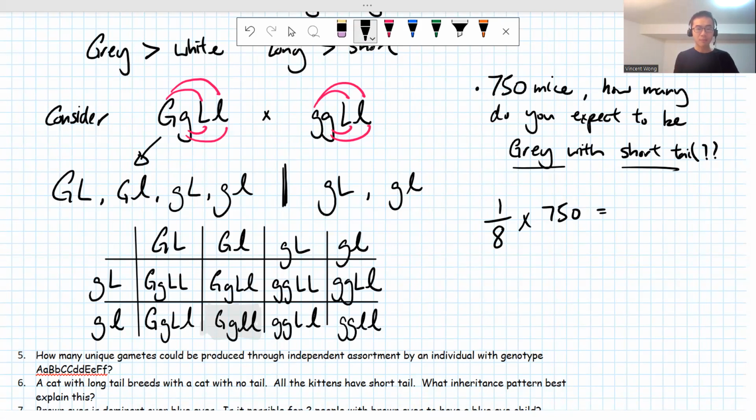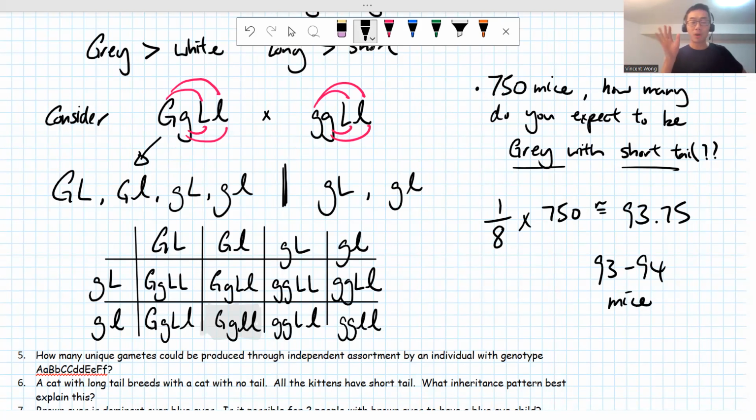When you take 12.5% times 750, you would expect to have about 93.75, right? So 93 to 94 mice with the feature that we're looking for, that is going to be gray and short tail.